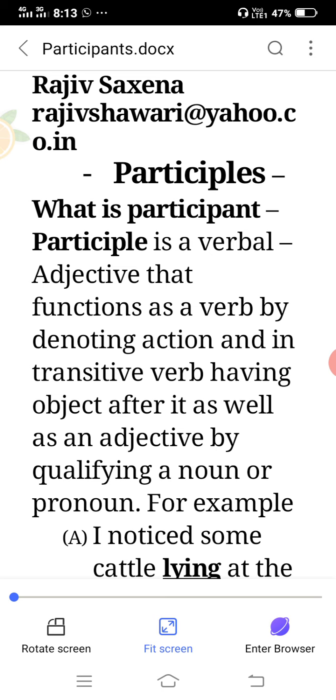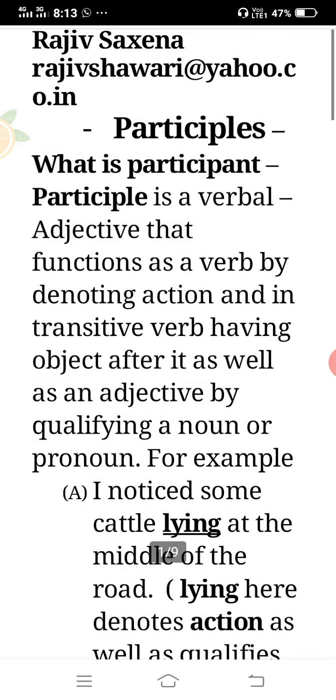So it functions simultaneously both ways, as a verb by denoting action and taking object as the nature of the verb is, and at the same time it functions as an adjective by qualifying a noun and pronoun. Okay, so keep it in mind.